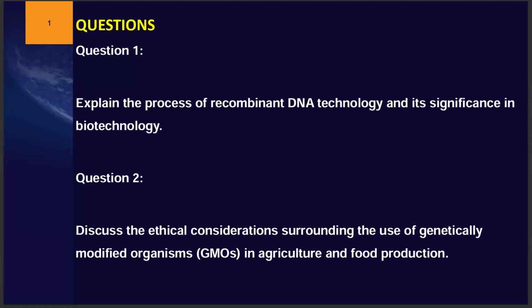So basically, recombinant DNA technology involves the manipulation of DNA molecules to create combinations of genetic materials. The process includes isolating a gene from one organism and then inserting it into another vector, such as maybe a virus.